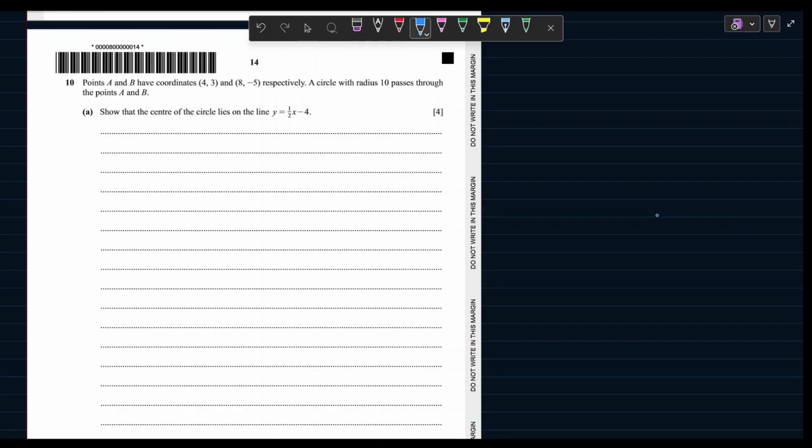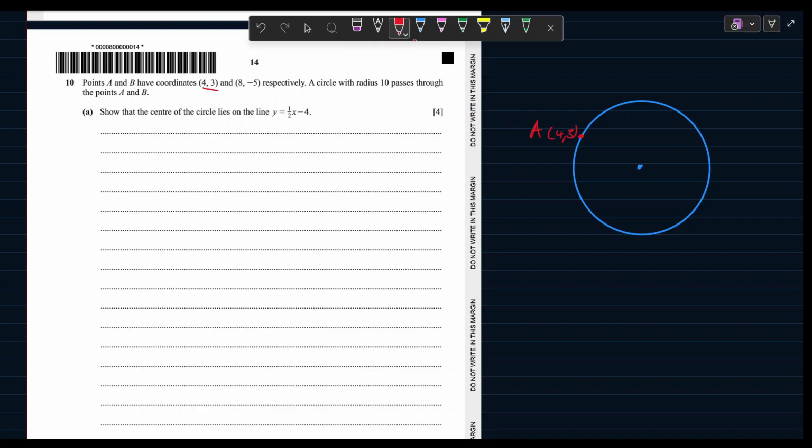Okay, so we've got a circle, and so far what we know is that we've got points A and B. I'm going to put A somewhere here, and A has coordinates (4, 3). So let's label that, this is (4, 3), and this is the point A. And then we've also got point B, which has coordinates (8, -5).